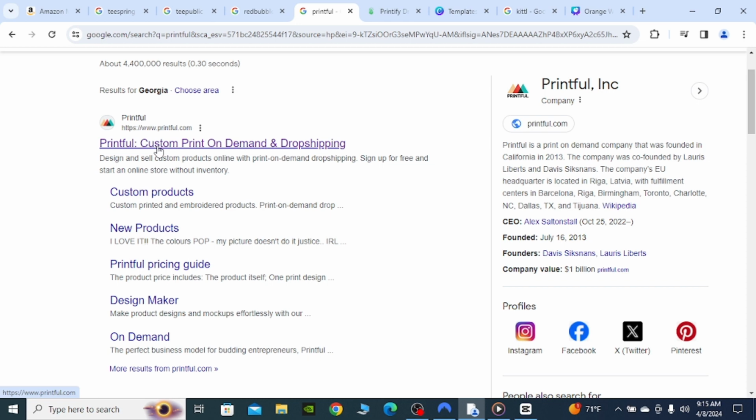Then if a customer purchases via your website, or maybe a Shopify store, your Etsy store, your TikTok store, your Facebook page or Facebook shop, or any other way, you can inform this website that a customer has already purchased a specific design, put in their address and mention any other extra requirements, and they will send it to the customer directly.